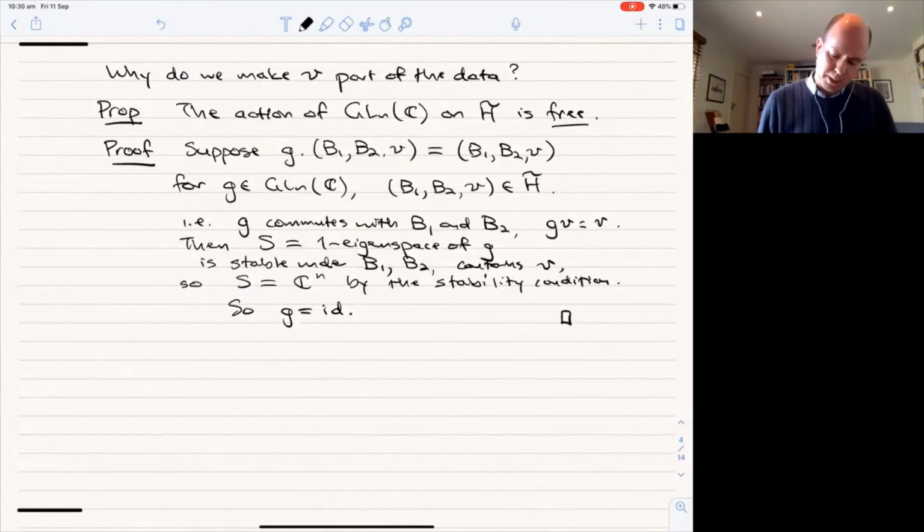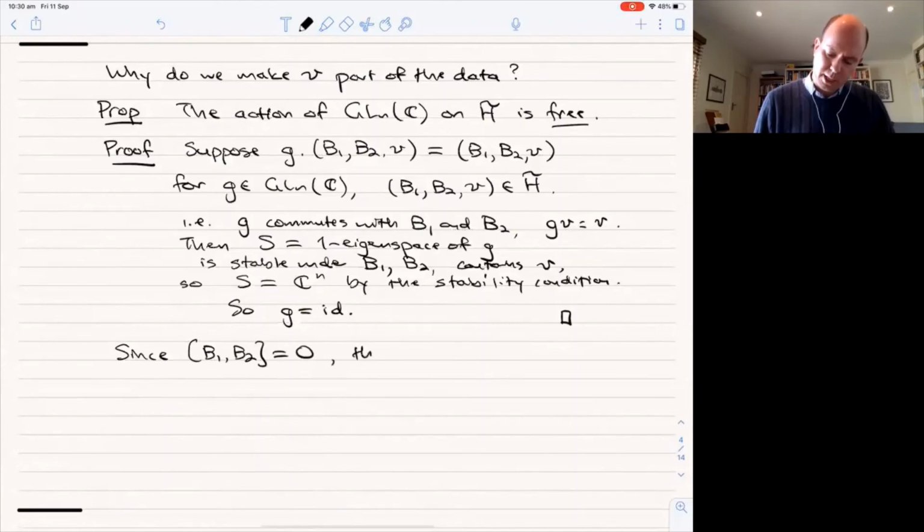Maybe let me make a general comment first, which is that since B1 and B2 commute with each other, they can be simultaneously triangularized.